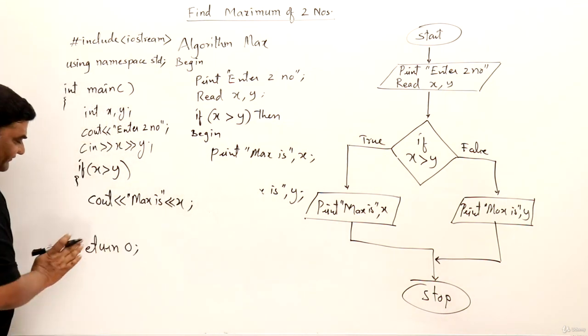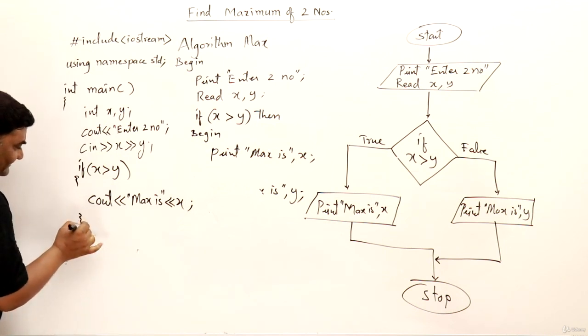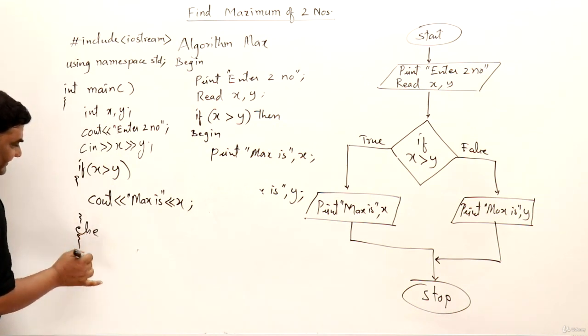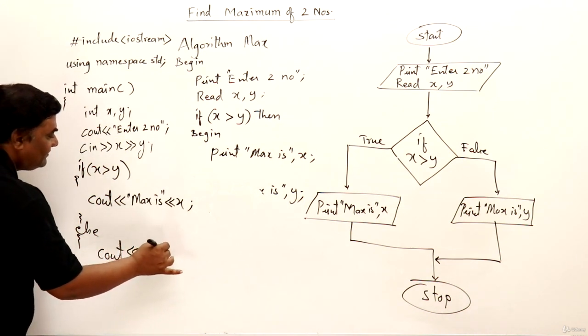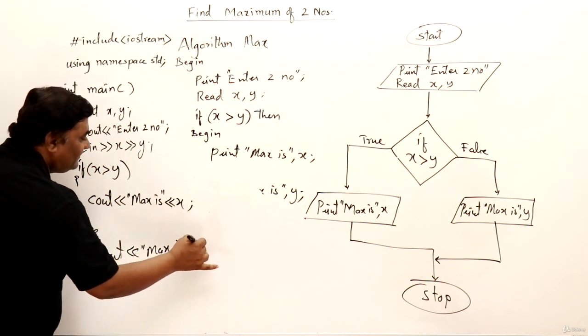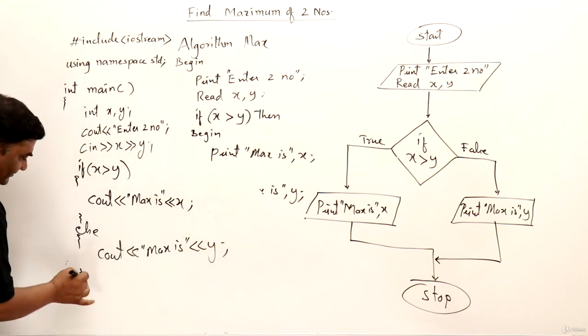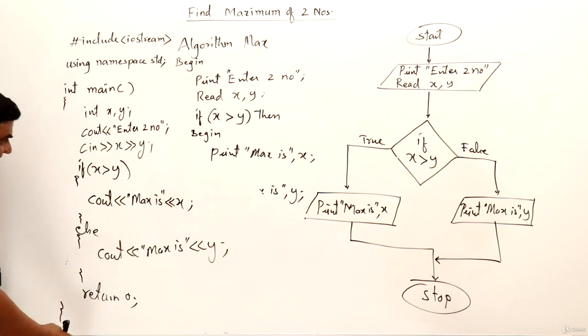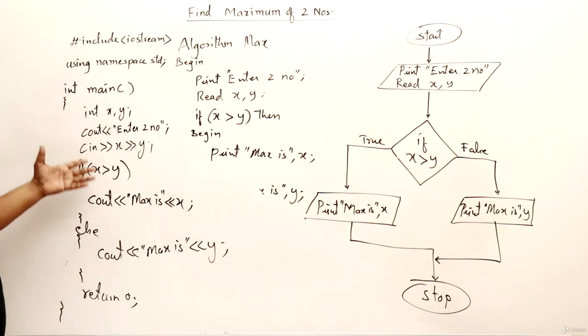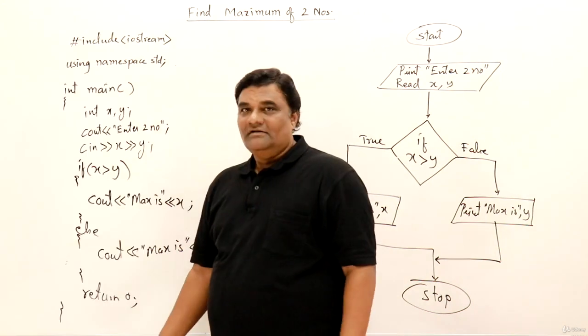This is for if. Then else, again the end of if block, then inside else say cout max is y. That's all. End of this one, say return 0, end of the function. So this is the end of main function. This is how a program looks like.